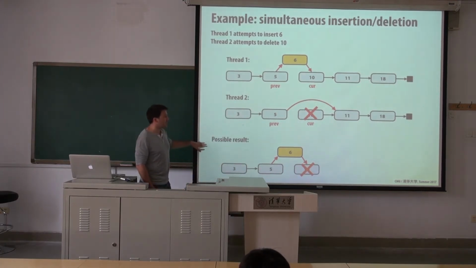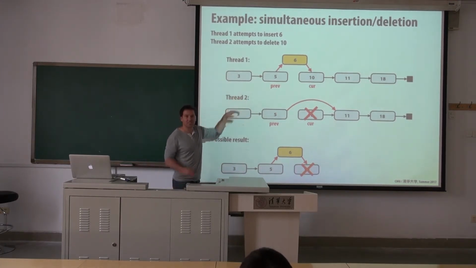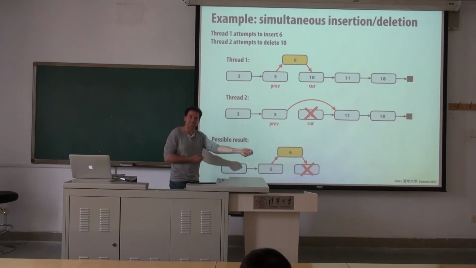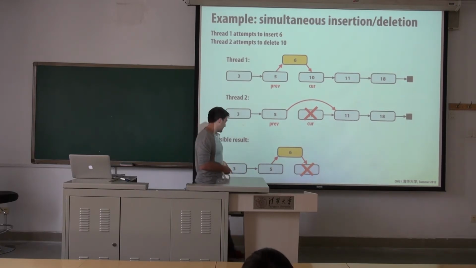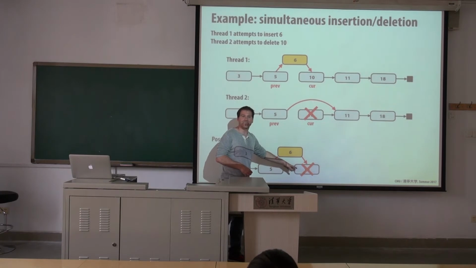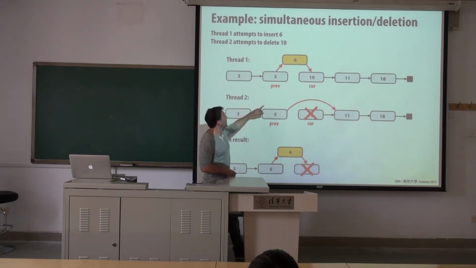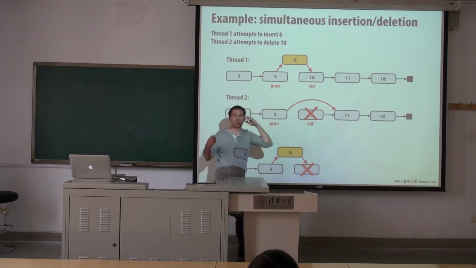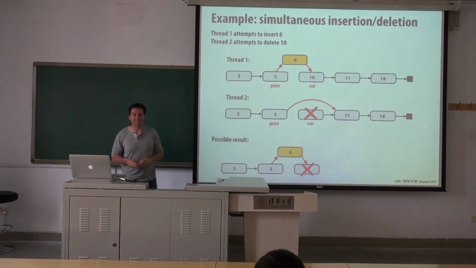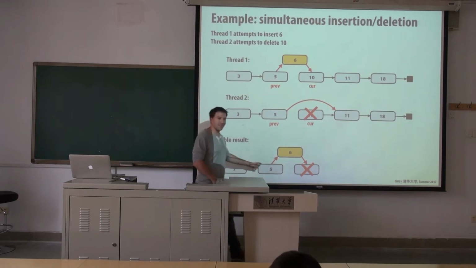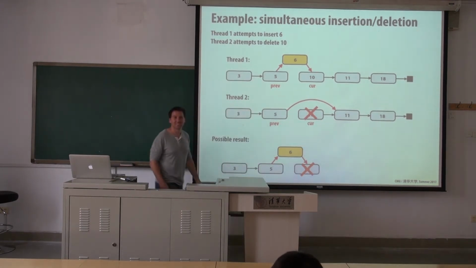But imagine that right at the time where thread 1 is making the new node point to 10, 10 just got taken out of the linked list. So now the new node 6 points to node 10, which is no longer in the linked list. And we've just lost the whole rest of the list.